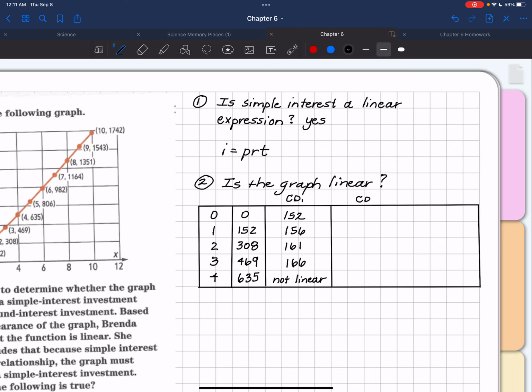So let's try it one more time just to see what happens. 156 minus 152 is 4. 161 minus 156 is 5. 166 minus 161 is 5.